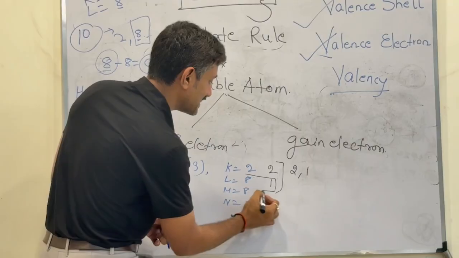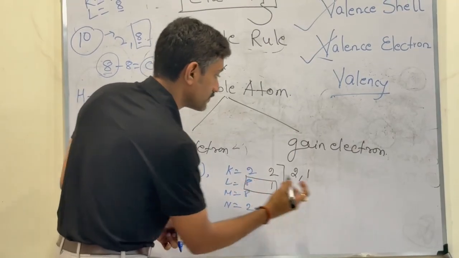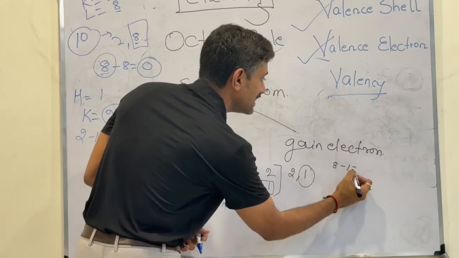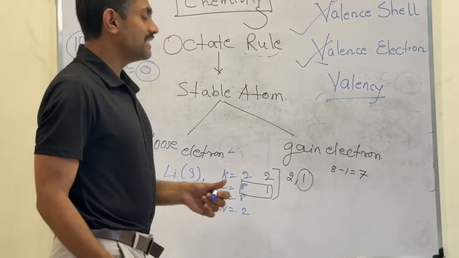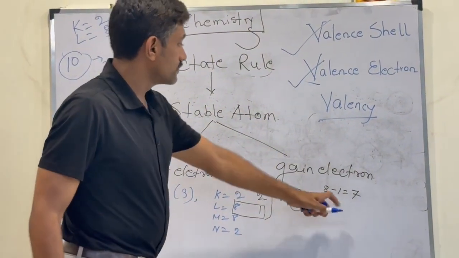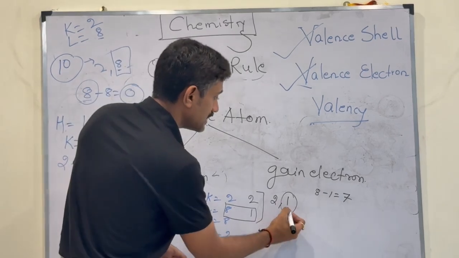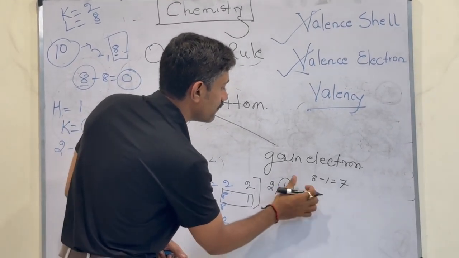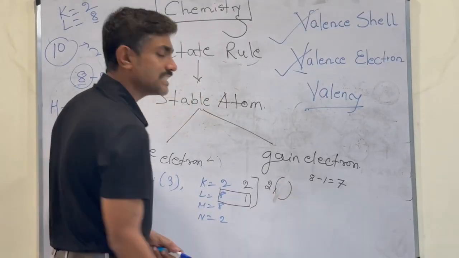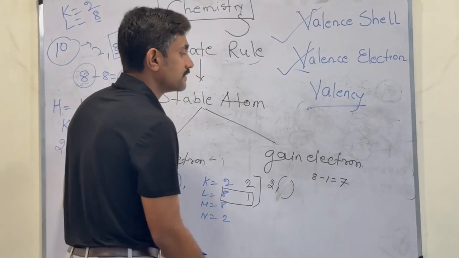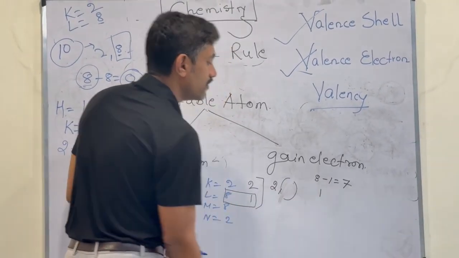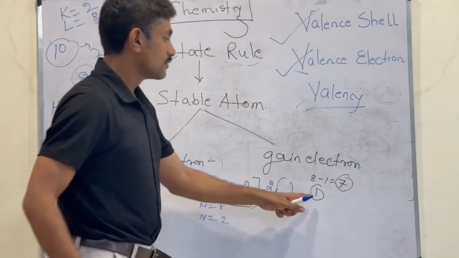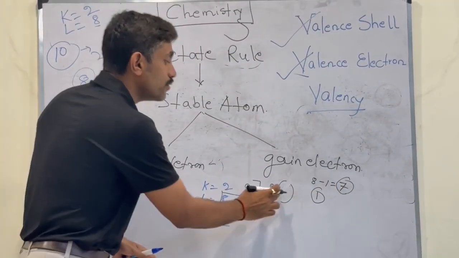Now if I do this calculation, try to understand, guys. In the outermost shell, if I do 8 minus 1, it comes to 7, meaning 7 electrons. Which one is the easiest, 7 or 1? 1. Why am I removing 1 from here?